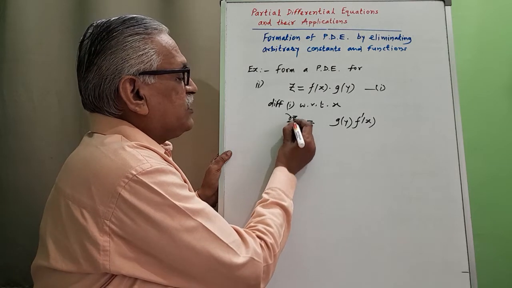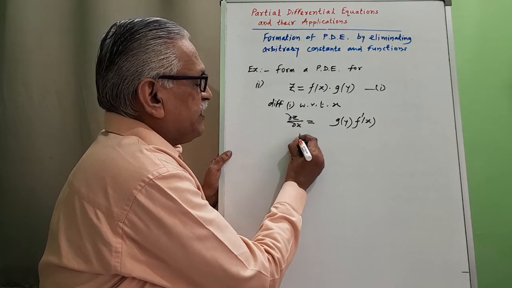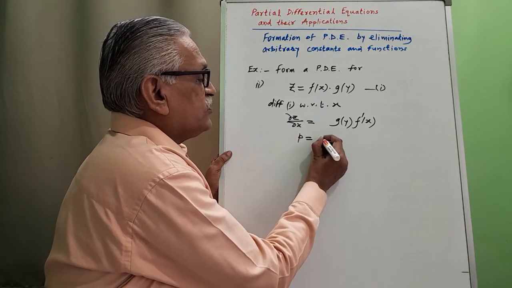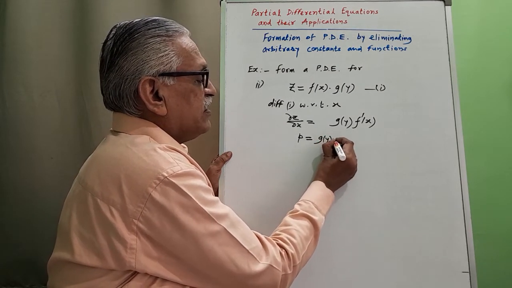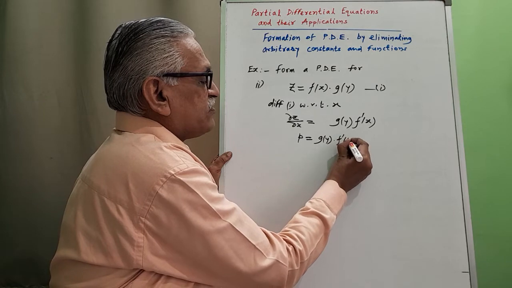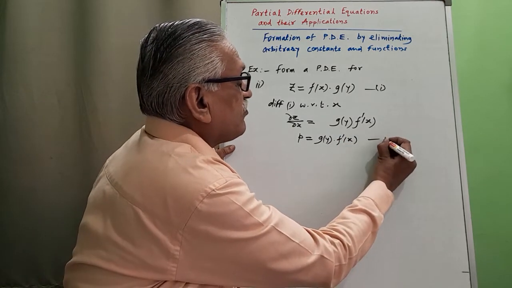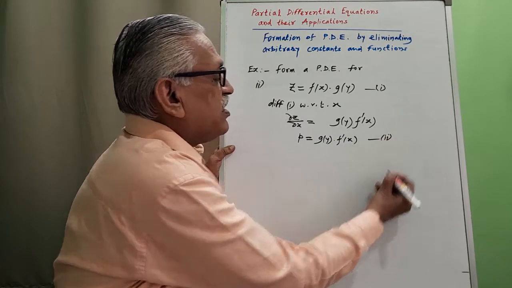This dou z by dou x is nothing but p. Therefore, we get p is equal to g of y into f dash of x, as equation 2.